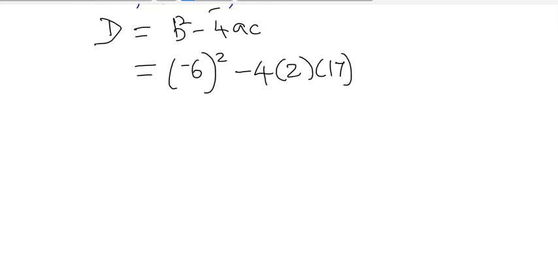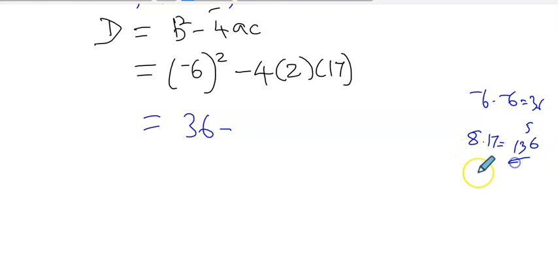Negative 6 square gives you negative 6 times negative 6, a positive 36, minus 4 times 2 is 8. 8 times 17 is how much? 8 times 7 is 56, carry 5. 8 times 1 is 8 plus 5, that is 13. 136. 17 times 8 is 136.